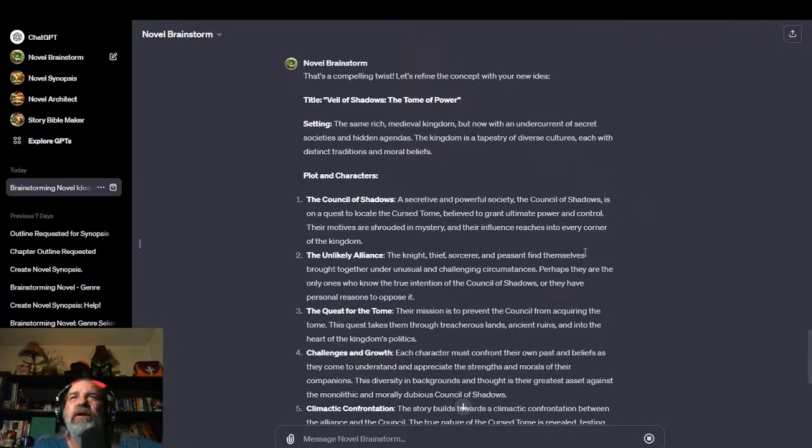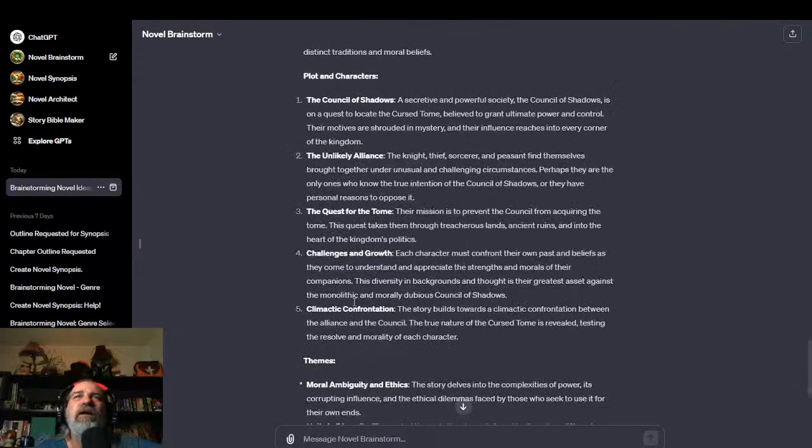The Unlikely Alliance. Knight, thief, sorcerer, and peasant find themselves brought together under unusual and challenging circumstances. Perhaps they are the only ones who know the true intention of the Council of Shadows, or they have personal reasons to oppose it. Quest for the tome. The mission to prevent the council from acquiring the tome. Quest takes them through treacherous lands, ancient ruins, and into the heart of the kingdom's politics. Challenges and growth.